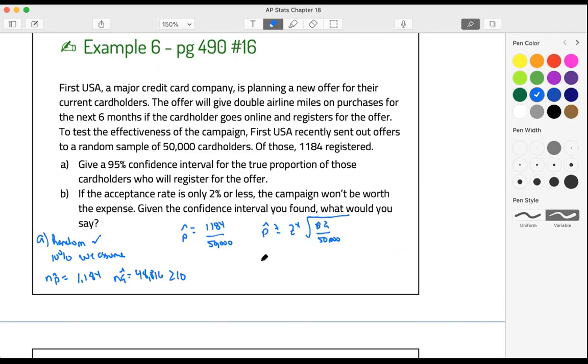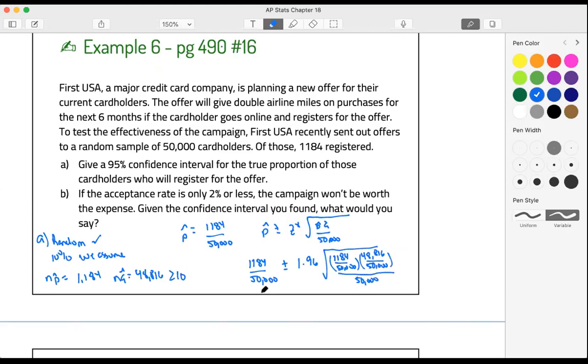So if I'm doing this all by hand, it's going to be 1184 over 50,000 plus or minus 1.96, that corresponds to the 95%, times the square root of 1184 over 50,000 times 48,816 over 50,000 divided by 50,000.